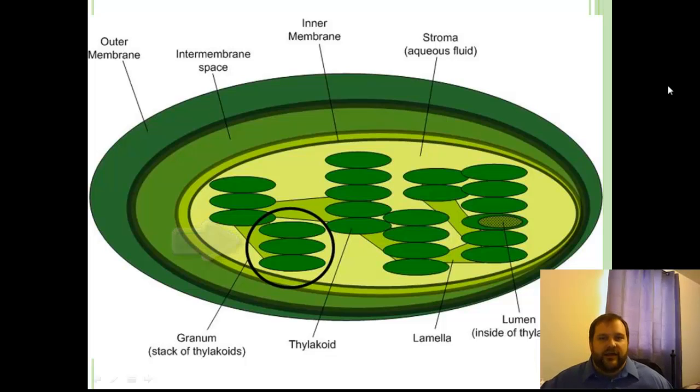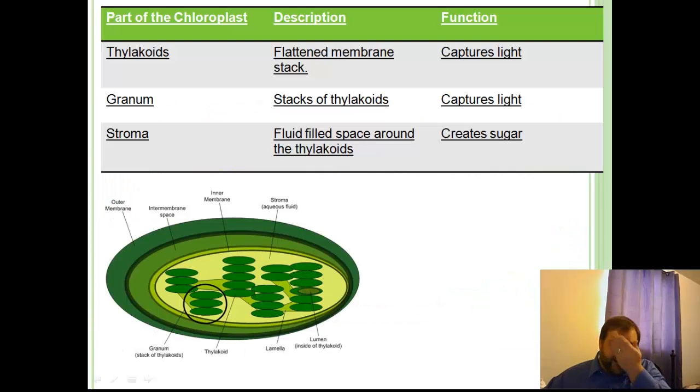So inside here we have stroma, these stacks of thylakoids, and those stacks of thylakoids are called granum. So that's the anatomy of a chloroplast. Thylakoids, granum, and stroma are the things that you really need to know.